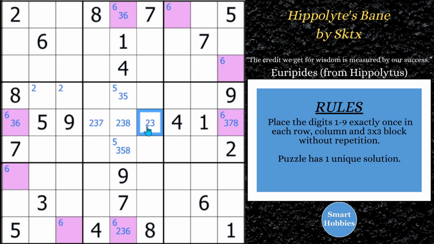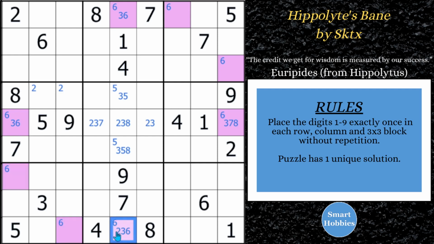If you look right here, start with this 2. This 2 has a strong link to the 3 because it's in a bivalue cell. So if it's not 2, the cell will be a 3. So strong link, right? Strong link to this 3. Weak link to this 3. Strong link to this 6. Okay, you have a weak link to this 6. Surrogate weak link because it's strong. Strong link now to this 6.